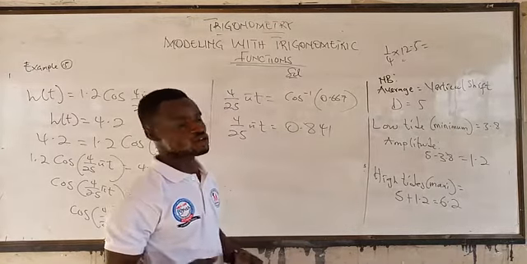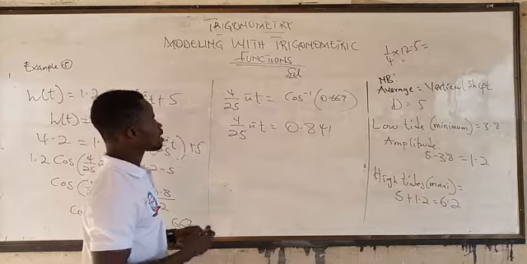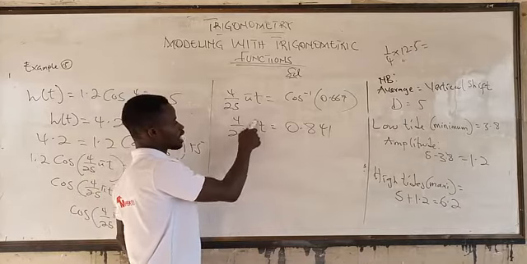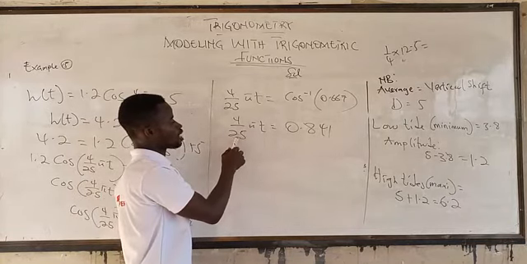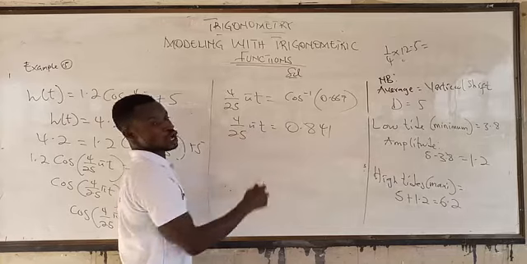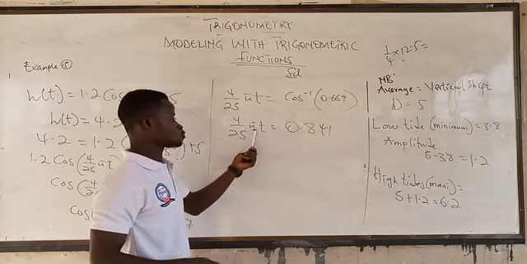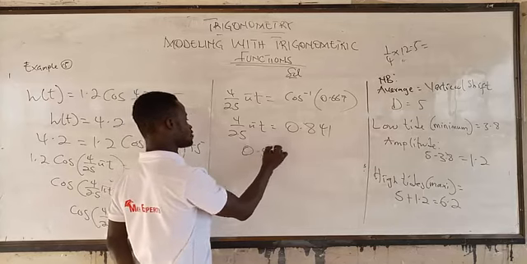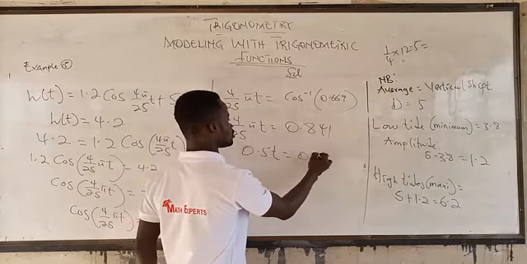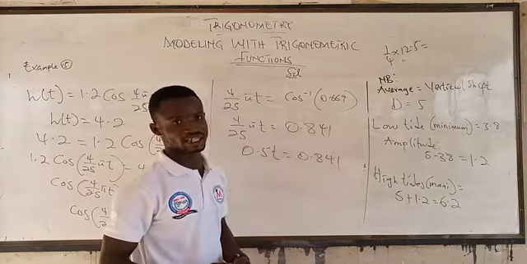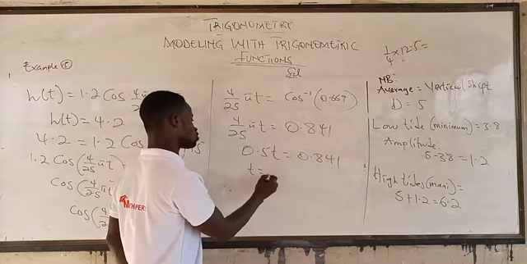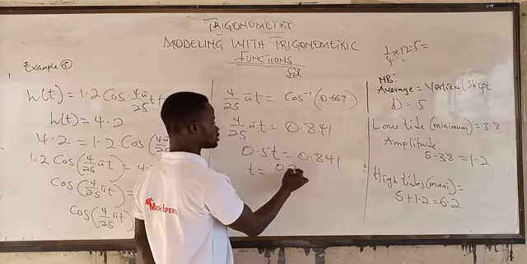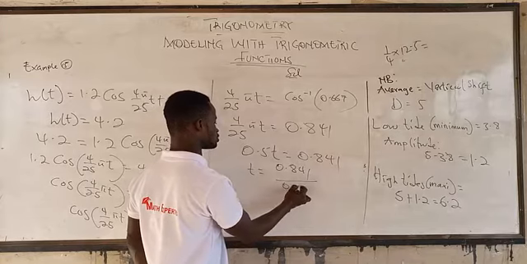Alright, so we are solving for t, but when you put this on the calculator, 4 over 25 times pi, pi is the same as 180. You're going to get 0.5 t is equal to 0.841. Then we go for t, so t will be equal to 0.841 over 0.5.